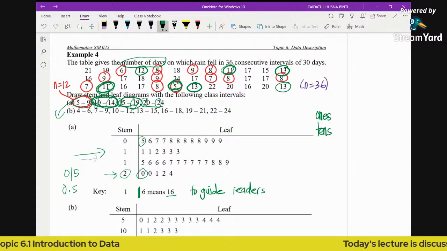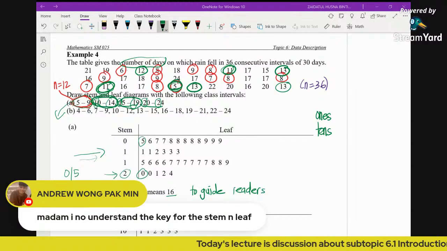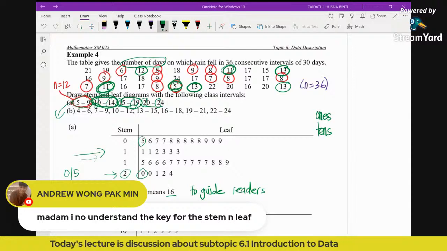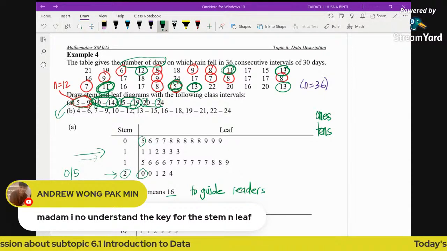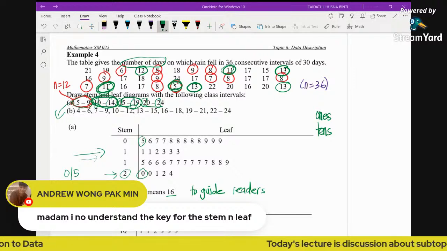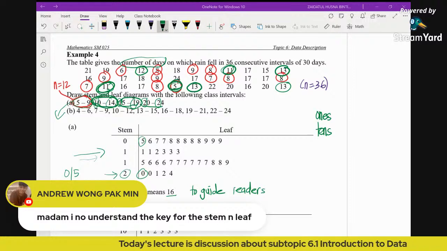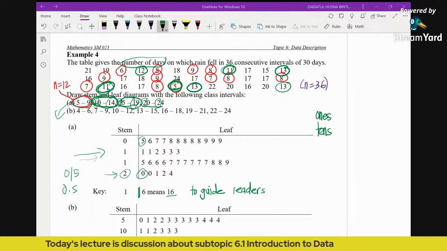Yeah, and I noticed there's one question coming from Andrew. Andrew says, Madam, I don't understand the key for the stem and leaf. So again, the key is basically used to guide your readers. You have to guide your readers based on the interval that you choose.